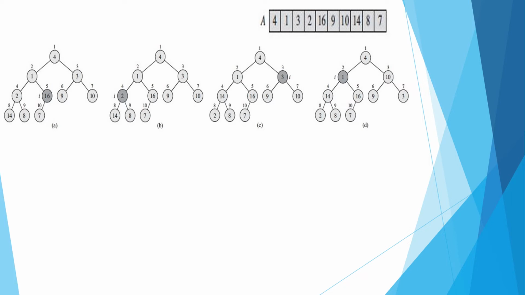In figure D, the heap at index 2 violates the max heap property. We must propagate the value 1 down by swapping with 16 and then with 7 in a recursive call to max heapify.